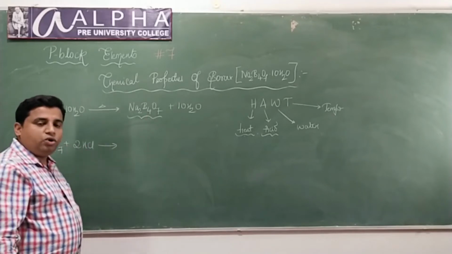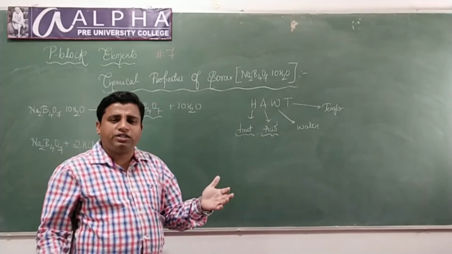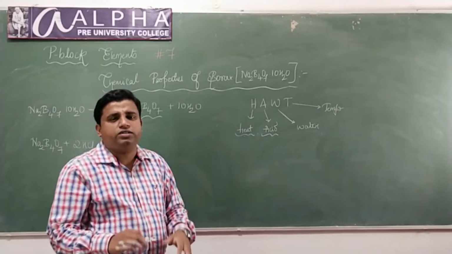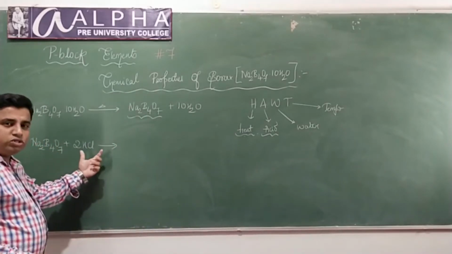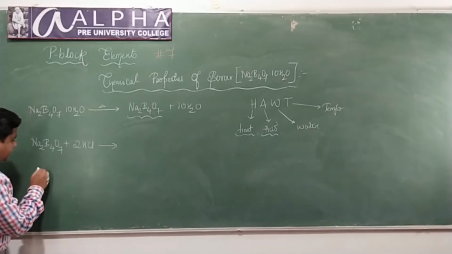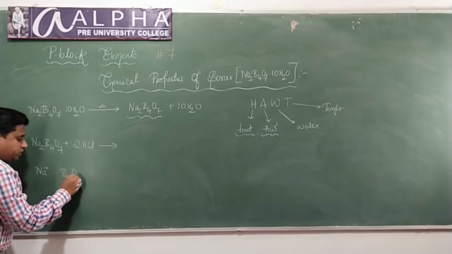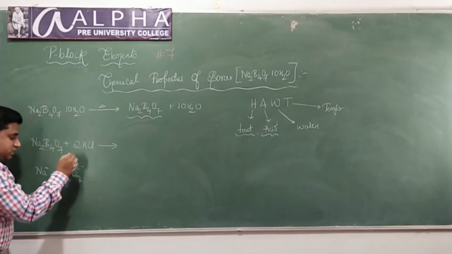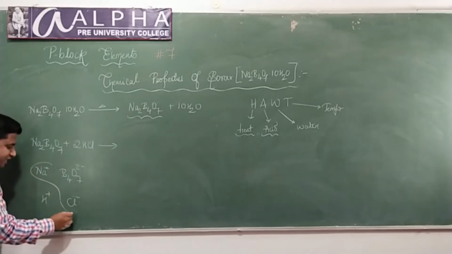I told you in the previous videos, whenever you want to write the product in an ionic reaction, just interchange the ions. See, Na2B4O7 is there and HCl is there. What are the ions of Na2B4O7? It is Na plus and B4O7 2 minus. And in HCl we'll have H plus and Cl minus. Now interchange the ions.